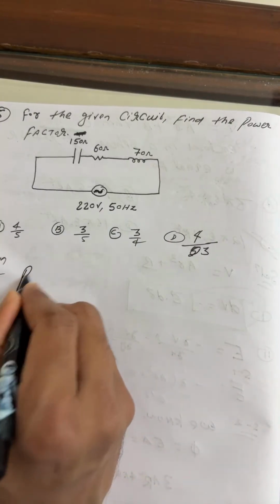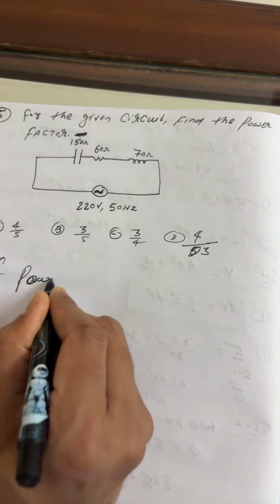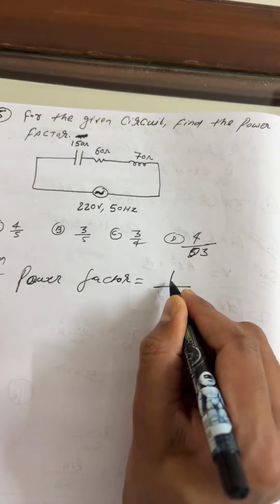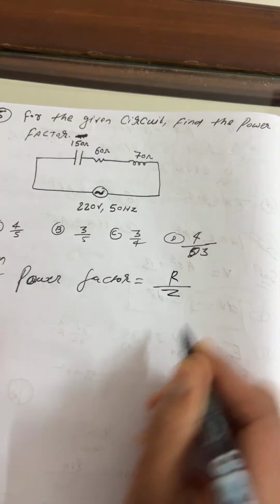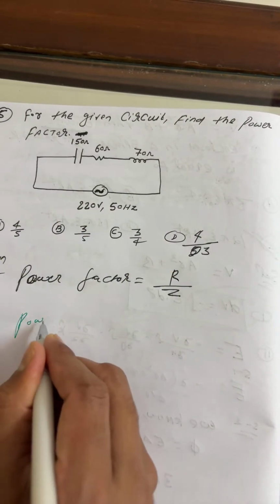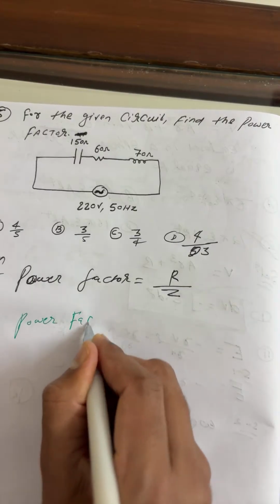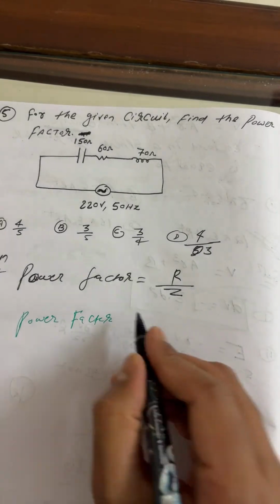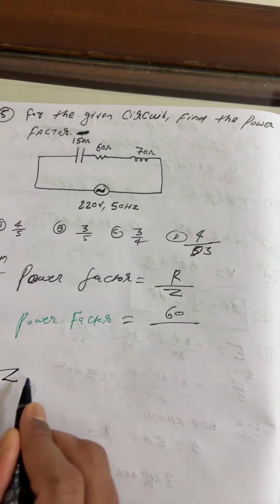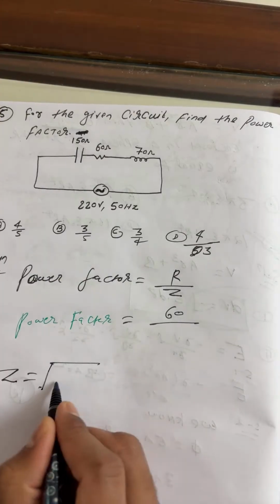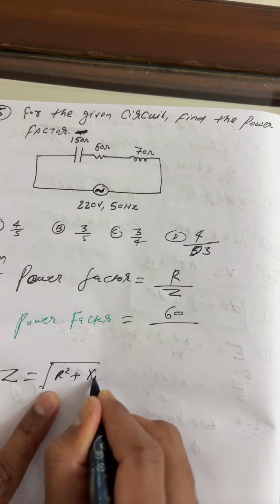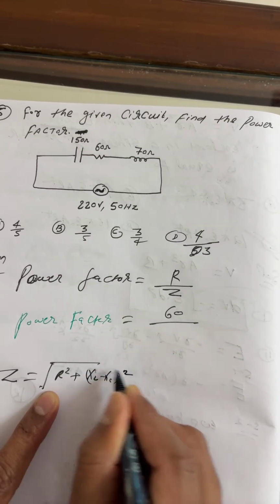So the power factor formula is R by Z. R is 60 ohm. For finding Z, I hope all of you remember the formula: Z is the square root of R square plus XL minus XC whole square.